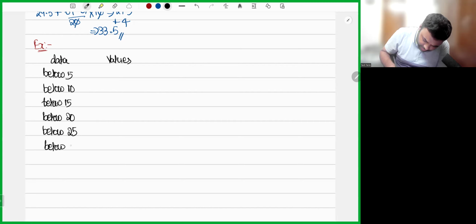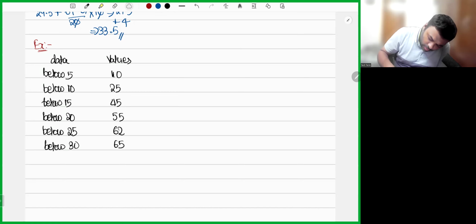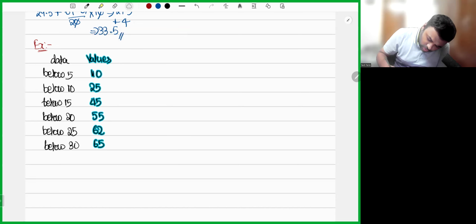This is the data. Values are given 10, 25, 45, 55, 62, and 65. What I want you to compute here? I want you to compute first median, second mode.